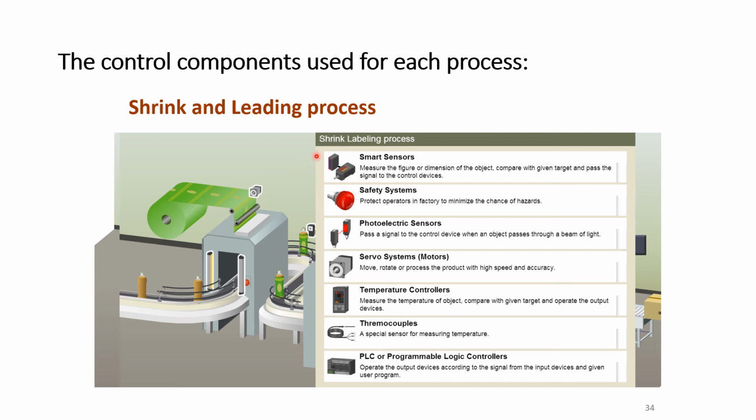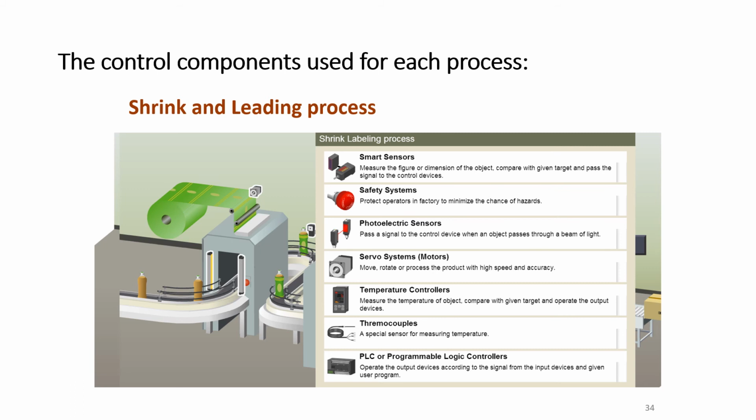So what elements do we have here? We have smart sensors. They measure the figure or dimension of the object, compare with a given target, and pass the signal to the control devices. We have safety systems. We have photoelectric sensors, servo systems, temperature controllers, which measure the temperature of the object, compare with a given target, and operate the output devices.